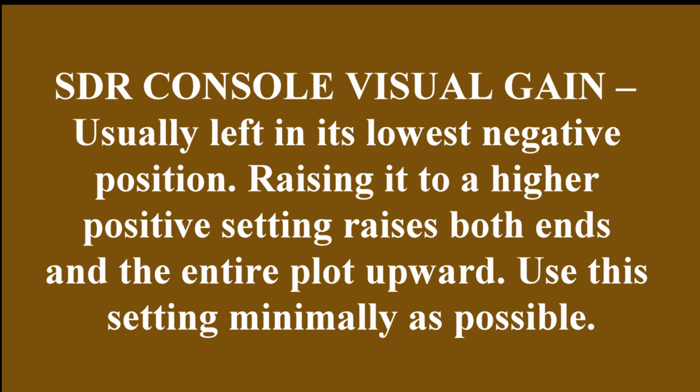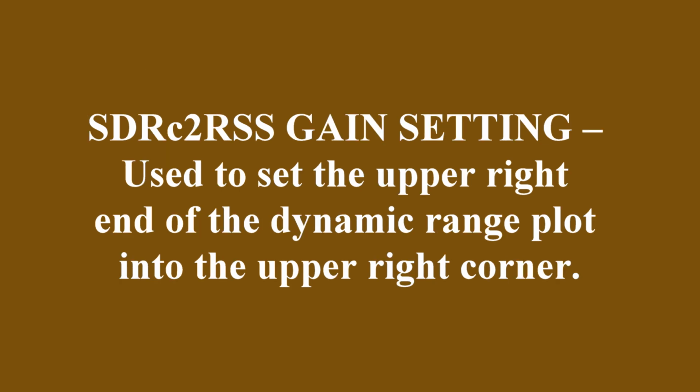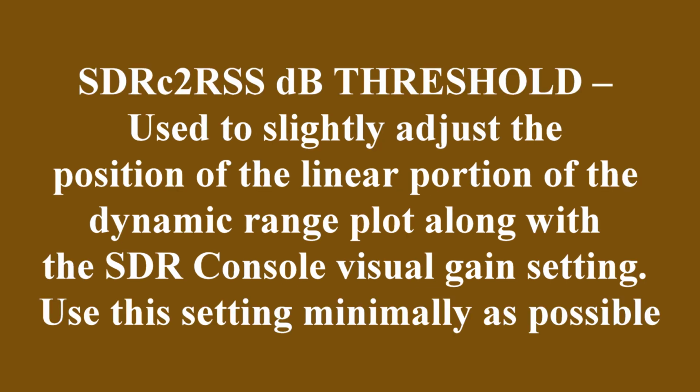The SDRC2 RSS gain setting is used to set the upper right end of the dynamic range plot into the upper right corner. The SDRC2 RSS dB threshold is used to slightly adjust the position of the linear portion of the dynamic range plot, along with the SDR Console visual gain setting. Use this setting minimally as possible.